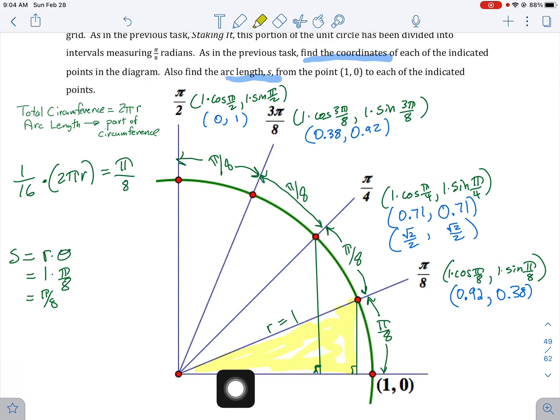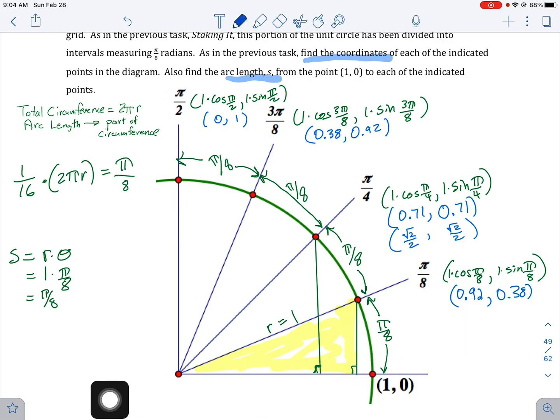And so to find the x position, the horizontal distance here, we're going to use r times the cosine of theta. In this case, r is 1, and that really simplifies things as we calculate. So for an angle measure of pi over 8 radians, the x value is 1 times the cosine of pi over 8, which is about 0.92.